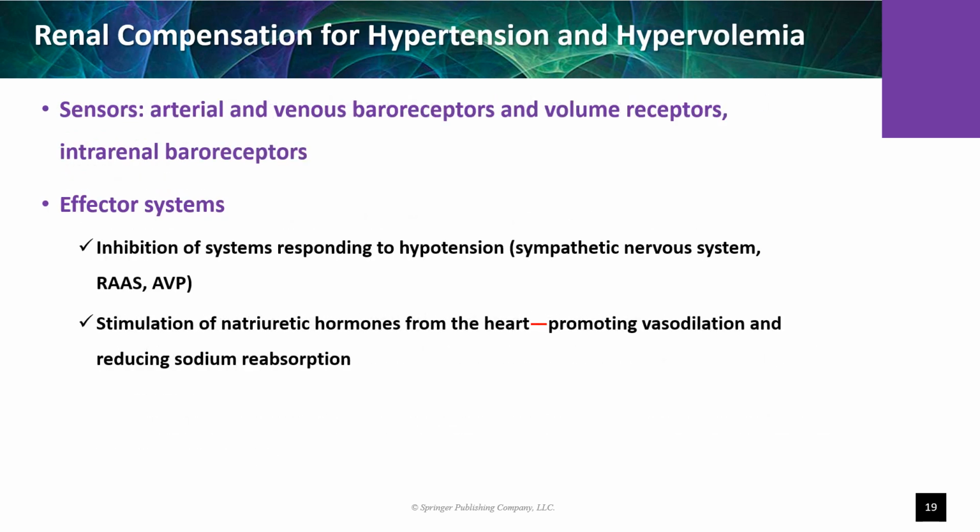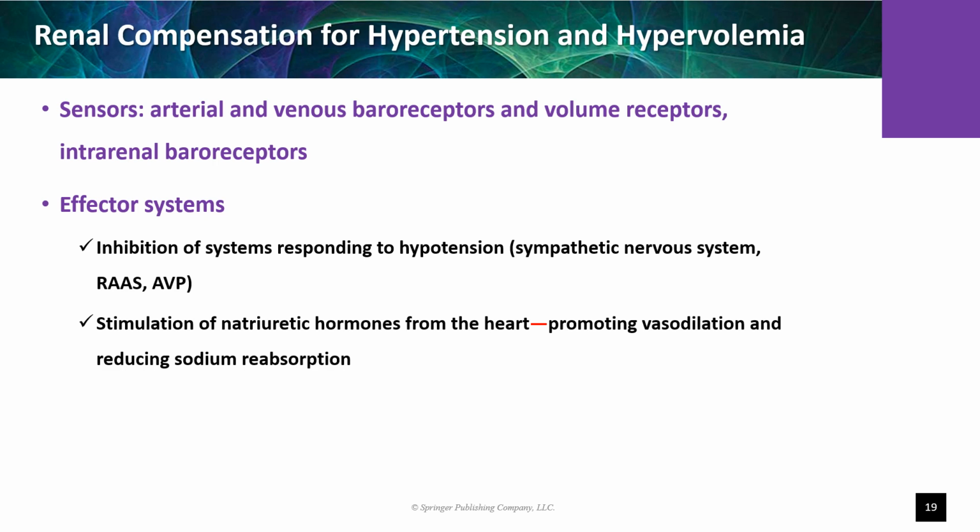States of fluid and volume overload are less common than fluid and volume deficit. Upon ingestion of a large salty meal accompanied by a large beverage, the extracellular fluid volume will transiently expand.